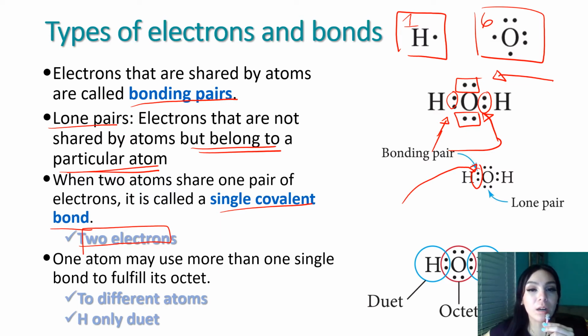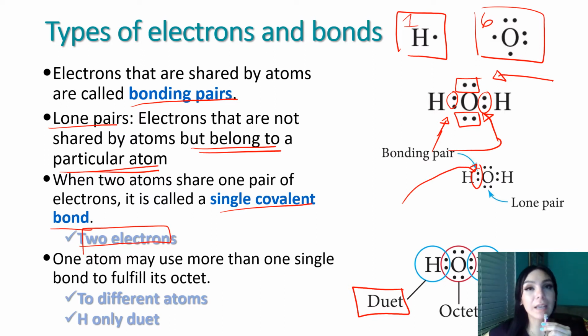We can also describe the number of electrons around certain atoms. So I specifically want to point out the duet that hydrogen forms around itself. Hydrogen is actually one of those exceptions that we discussed previously that have less than 8 electrons around it.